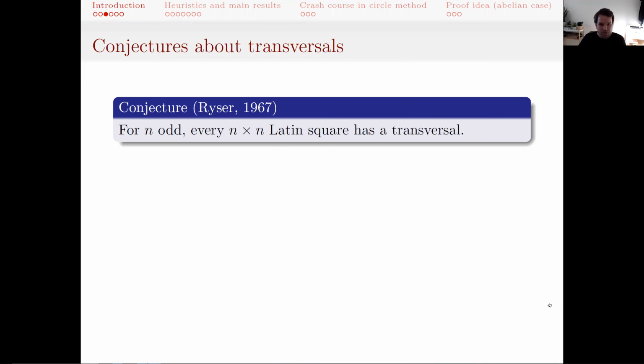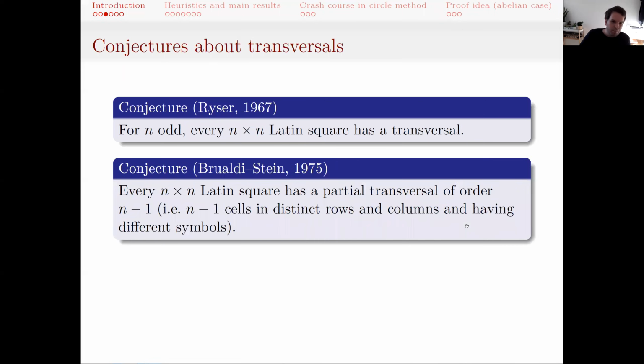There is also a very interesting related conjecture by Ryser and Stein, which was posed 8 years later, although I think Brualdi also asked basically the same question before, but for some historical reason, Ryser and Stein usually are associated with this second conjecture, which says that for every n, no matter whether n is odd or even, there is a partial transversal of order n minus 1.